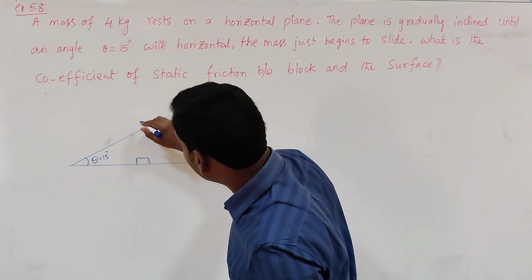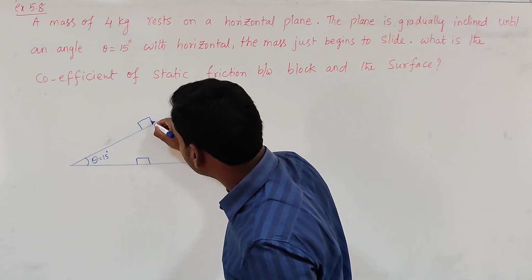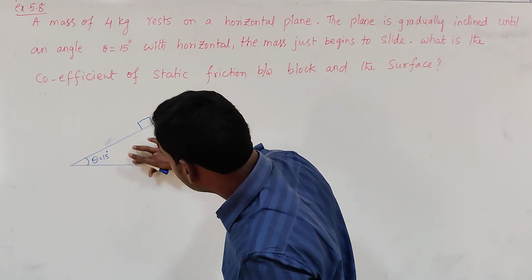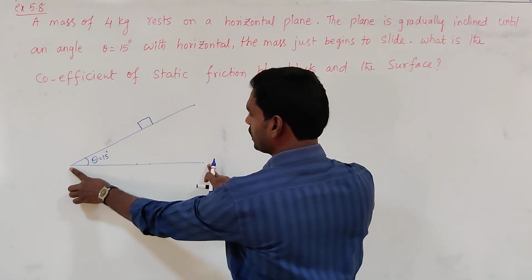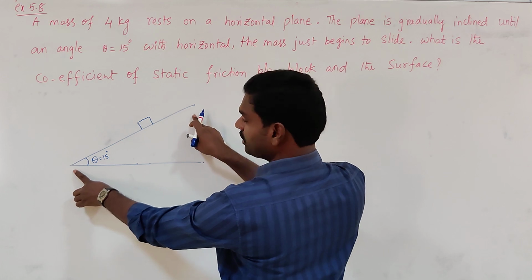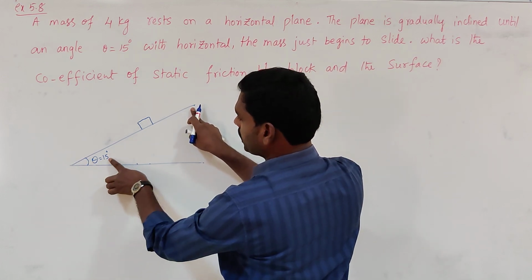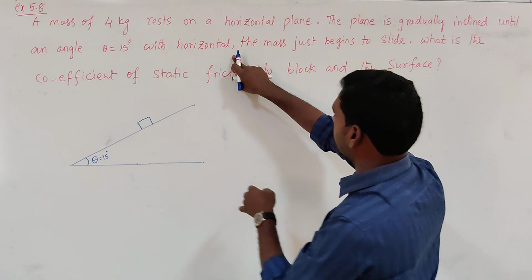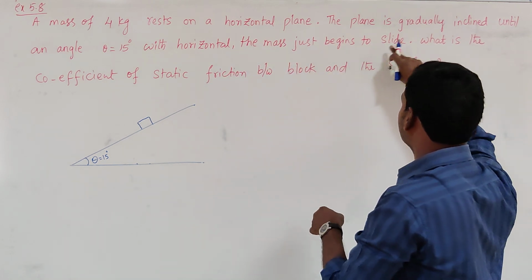So the object will be at this location now. Initially the object is on the horizontal plane and the plane is gradually raised until theta becomes 15 degrees with the horizontal. The mass just begins to slide.